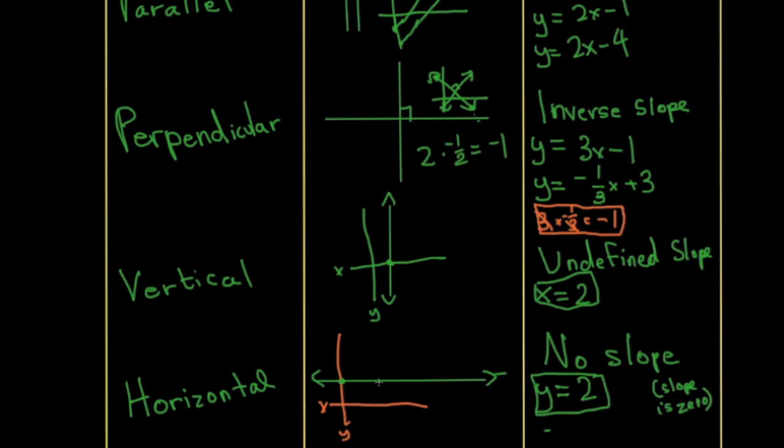And that is just because it passes through the 2 over here and you have no slope at all, so that eliminates the x, and that's how that works. So based on the information you've got over here, we're gonna do a couple of problems now, so just get ready for that and let's go.